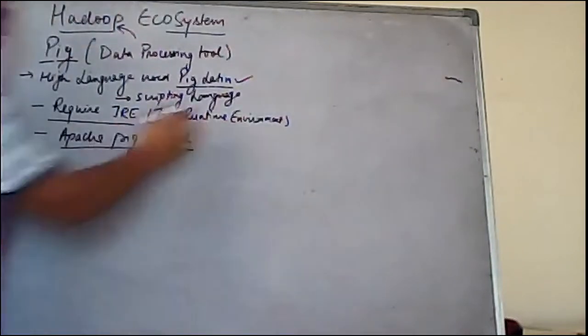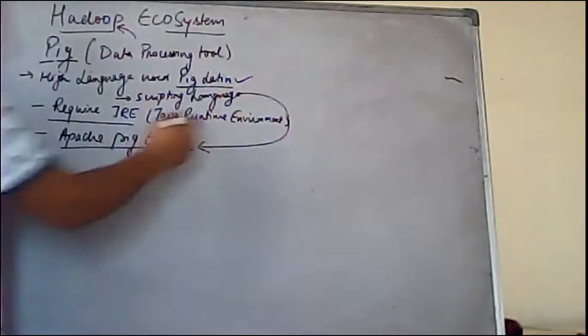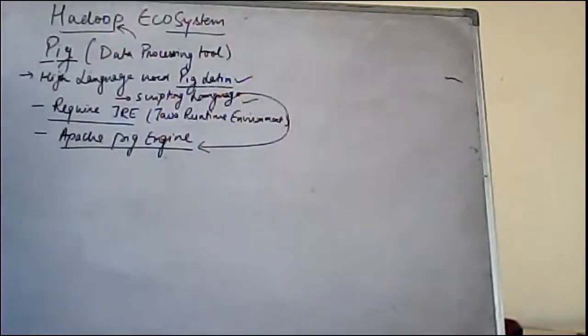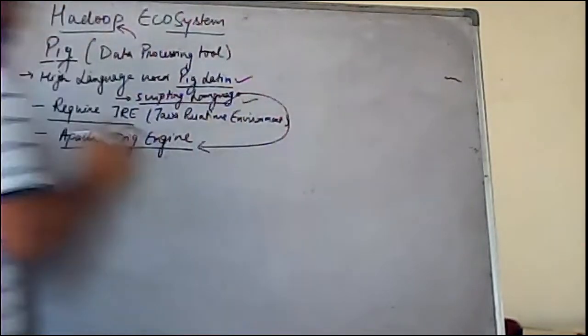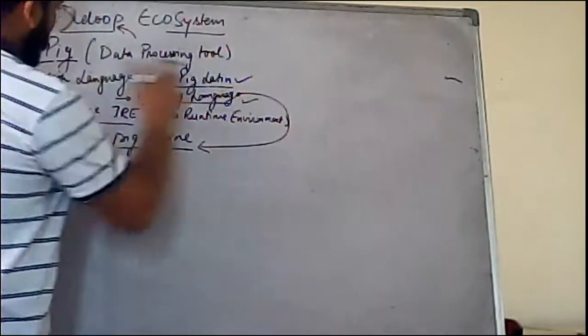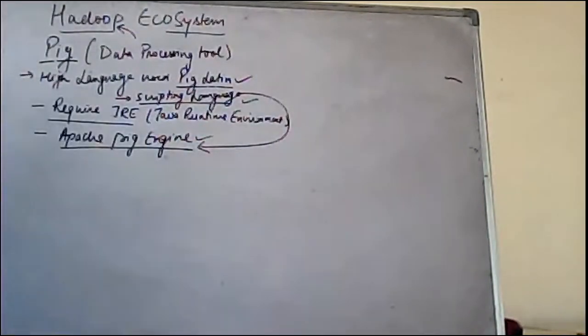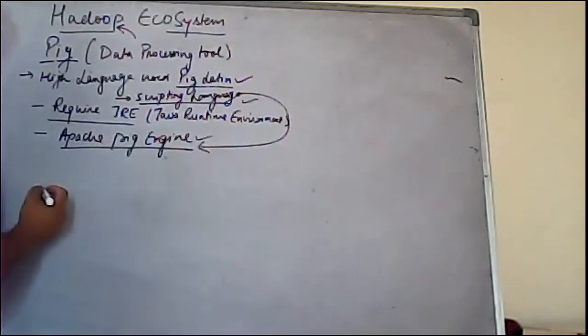To execute your scripting language, there should be an Apache PIG engine. For your Python, there is a compiler. The same way, your scripting language, that is in the form of a high-level language, is executed by your Apache PIG. And how it will work, now I will be explaining.